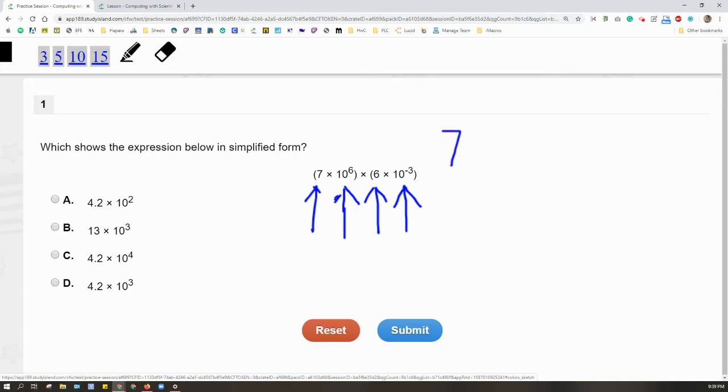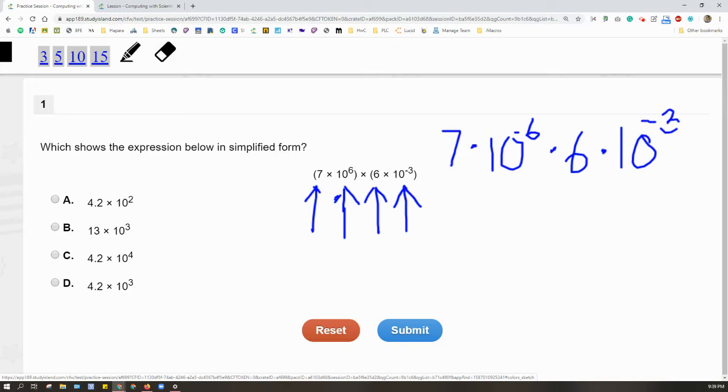I've got 7 times, and I'll just use a multiplication dot for times, 10 to the sixth power times 6 times 10 to the negative third power. Now, if I reorder that, which I'm allowed to do because it's just four things I'm multiplying together, and the order that you multiply things doesn't matter, I could put the 10 to the sixth power and the 6 in a different order.